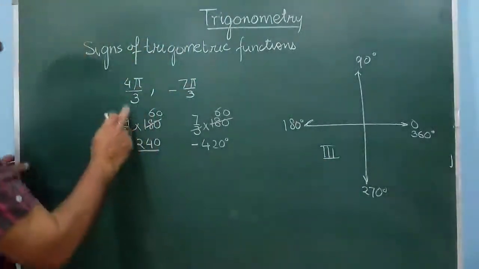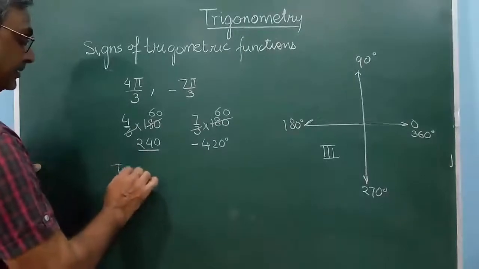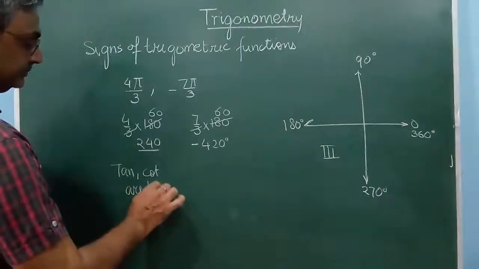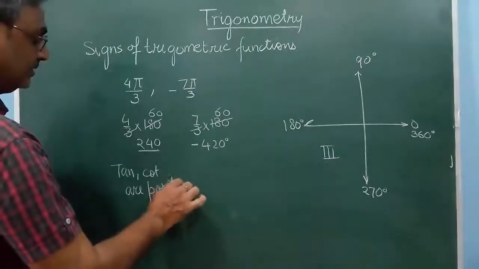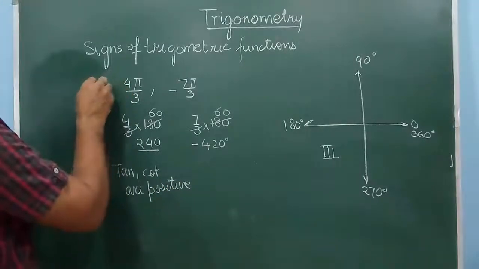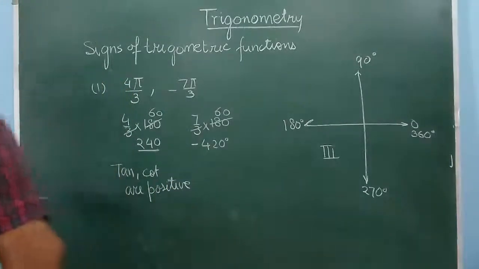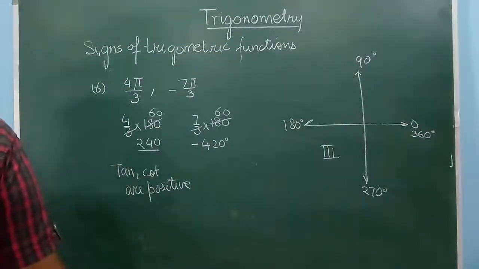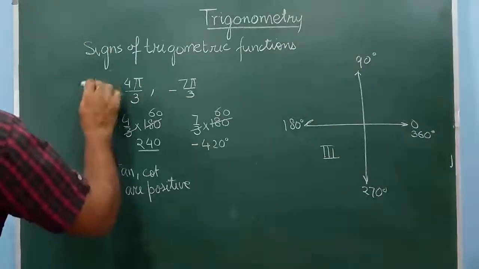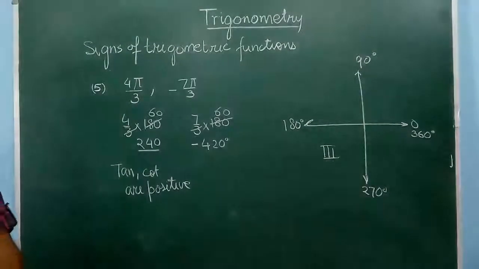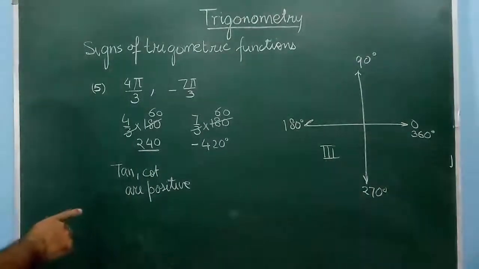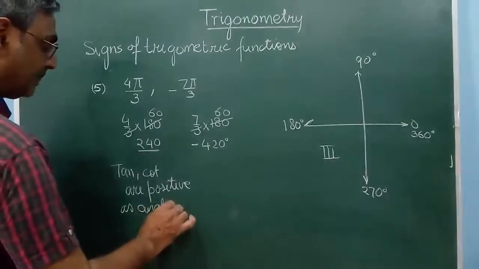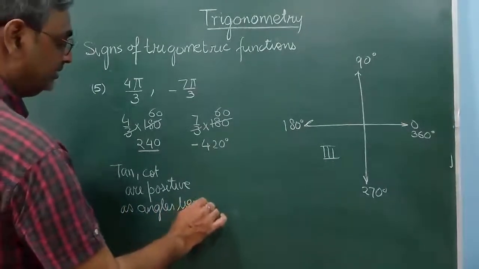So for 4 pi by 3, tan and cot are positive. This is question number 5. So tan and cot are positive because the angle lies in the third quadrant.